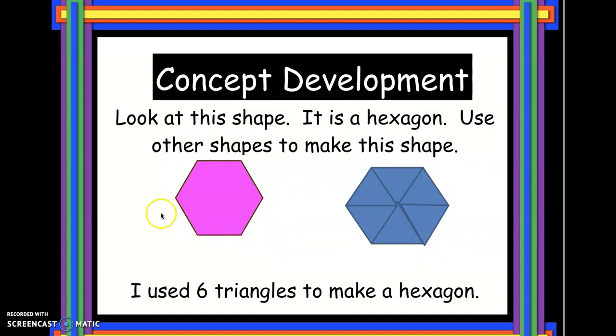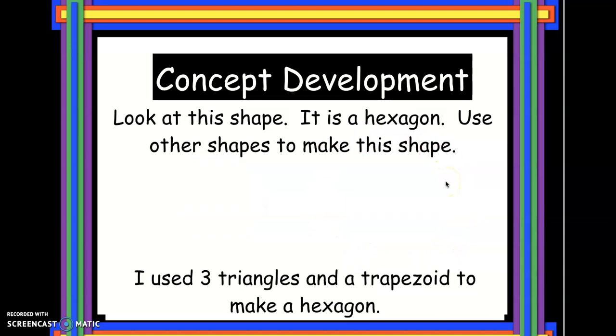So we have this hexagon over here, and then the composite hexagon over here made up of 6 triangles. Okay? So you're starting to see how we can make a shape out of smaller shapes. I wish I could have you guys trying this on your own. If you have little shapes at your house, you could find some triangles and try putting them together like this picture right here and making your own hexagon. That'd be really cool. Let's move on.